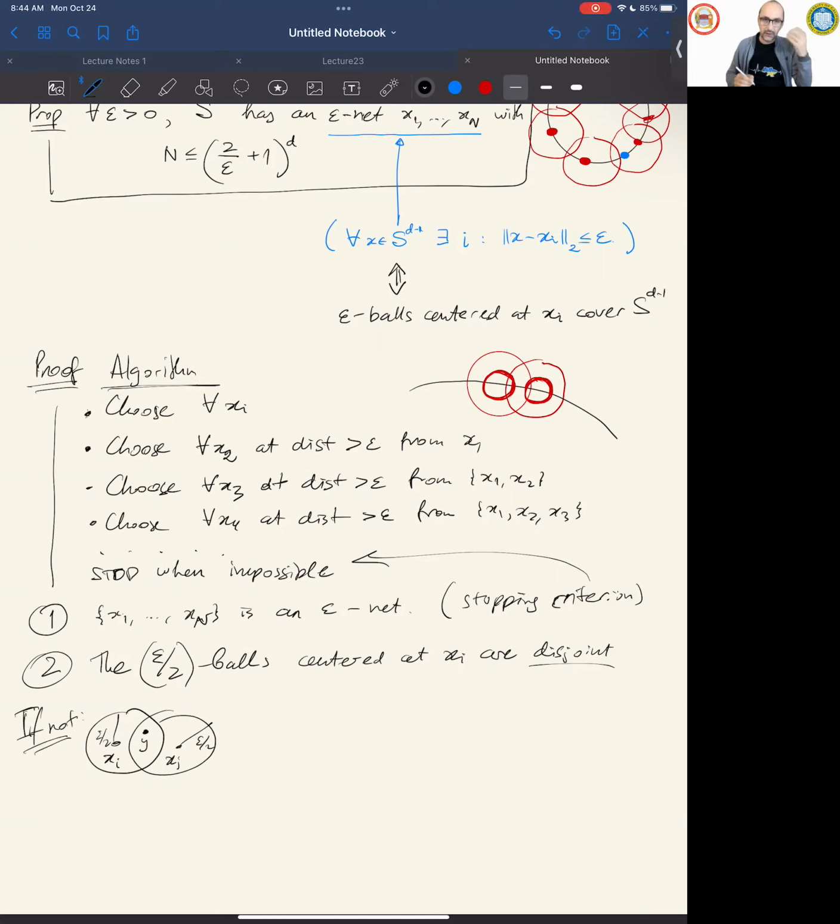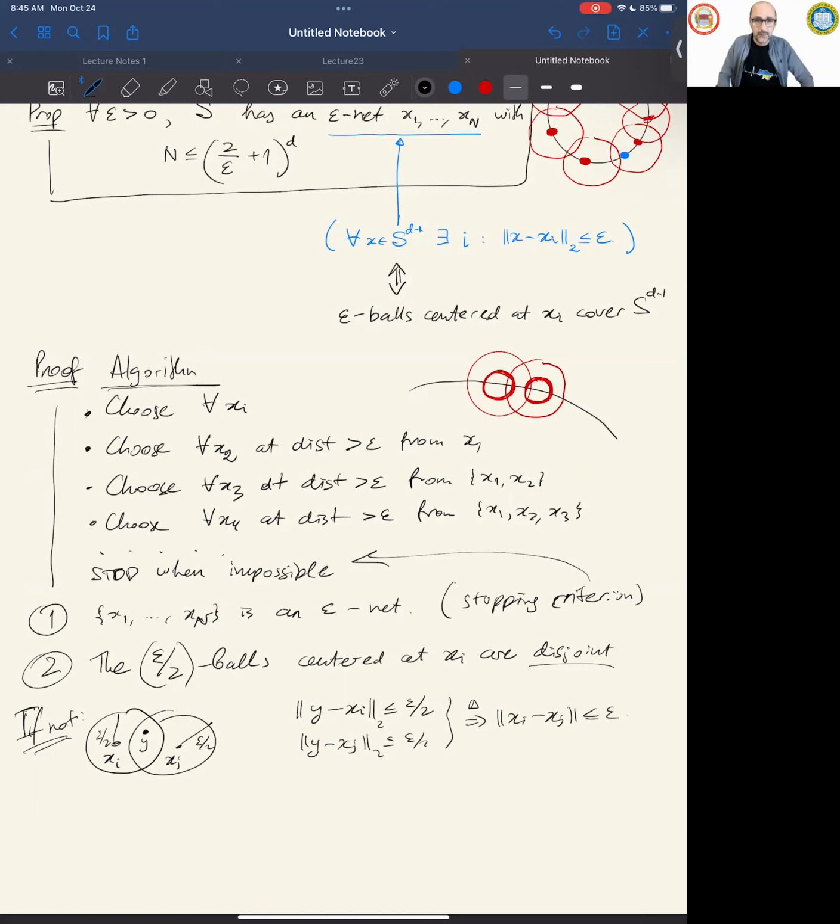So if they're not disjoint, there will be some point in the intersection. That means the distance between that point and xi is less than epsilon over 2, and the distance to the other point is also less than epsilon over 2. By the triangle inequality, the distance between the two points must be less than epsilon. And that's a contradiction.